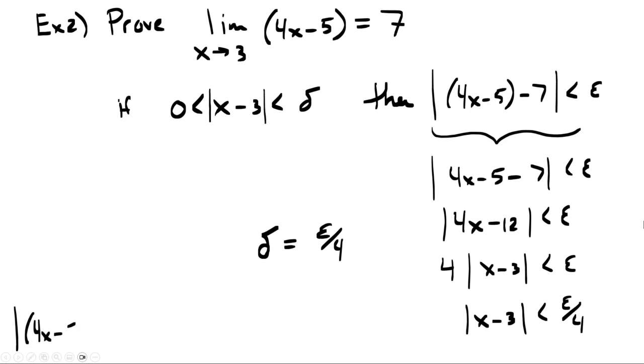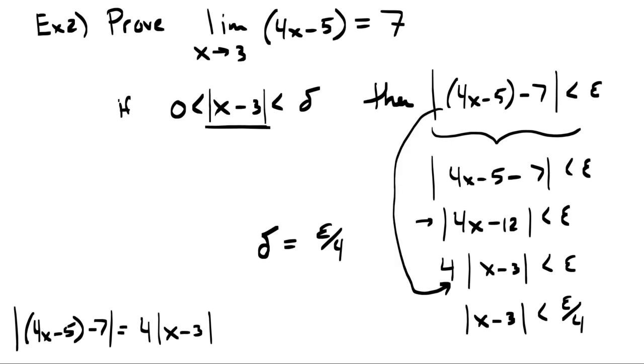So here it is, 4x minus 5 minus 7. That is the same exact thing as 4. I'm skipping a few steps here. That is true. Absolutely. And if that's true, then this has to be true.